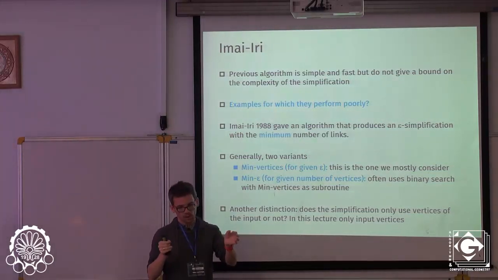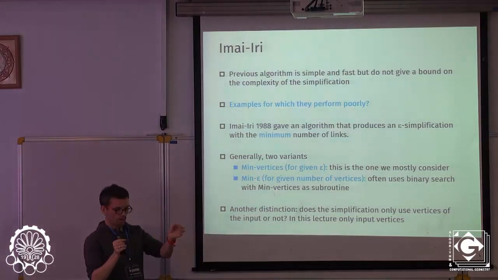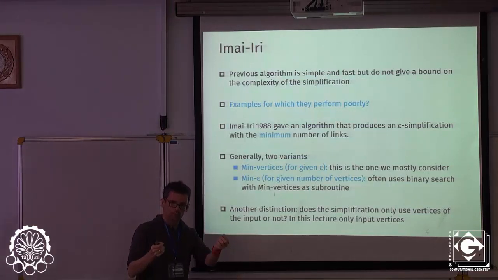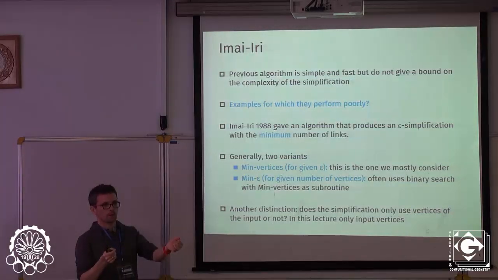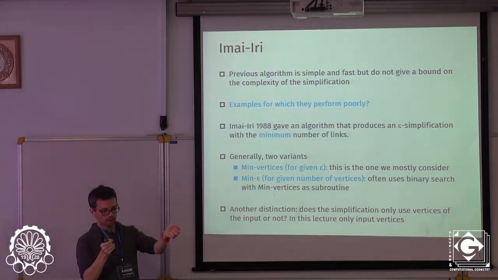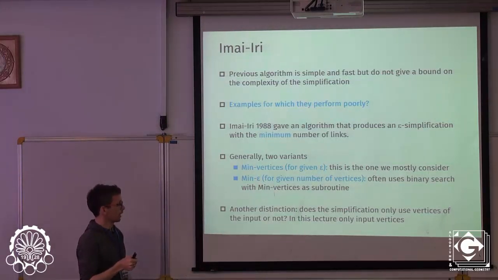Actually, more recently the other variant has also been considered, where you restrict to the vertices of the input but do not require that a segment represents the part in between. I'll say a tiny bit about that at the very end.